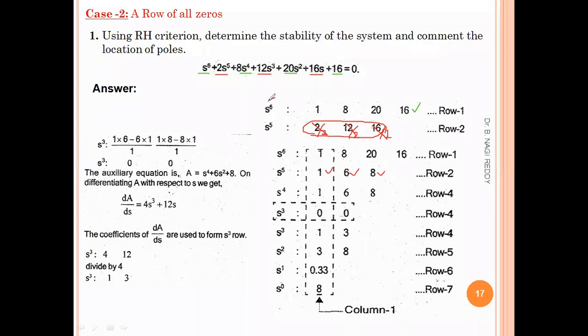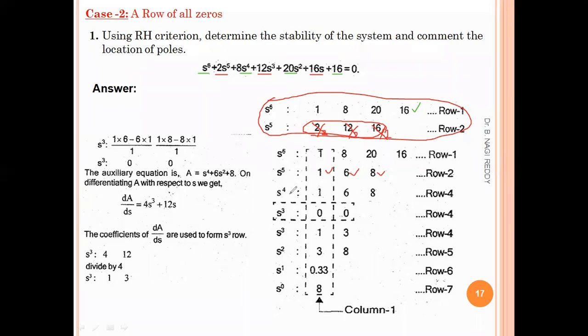Rewriting these two rows after simplification, the first row is 1, 8, 20, 16. Here we cannot simplify because 1 is there. Of course 8, 20, 16 are multiples of 4, but since 1 is there, we cannot simplify this row. But the second row we can simplify and write the resultant.